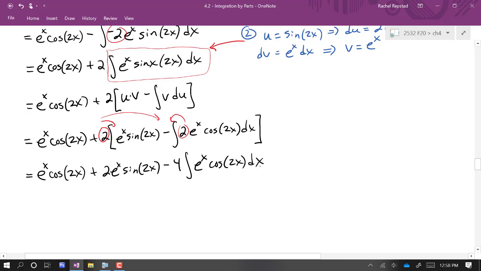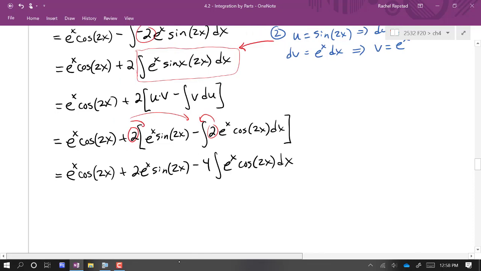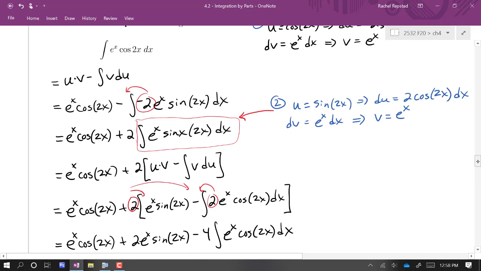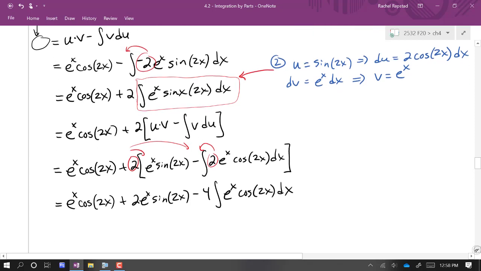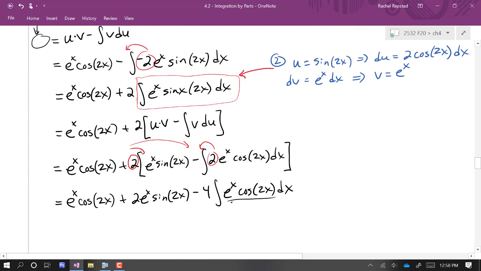So, let's take a look at what we got here. We started out, right, all of this is equal to the integral of e to the x cosine 2x. I've used the integration by parts process twice, and we have the very same integral showing up. It looks like we just went in a big circle, right? Like we started out, we ended up where we started, and you might be tempted to throw in the towel at this point, but I'm here to tell you this is exactly where we want to be.